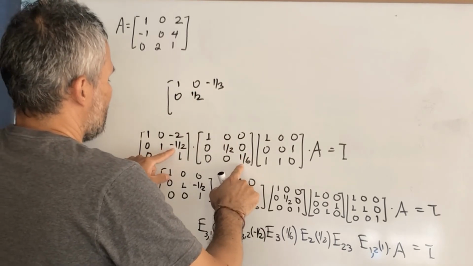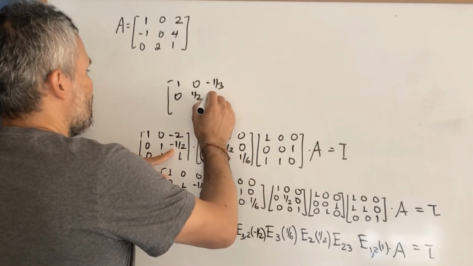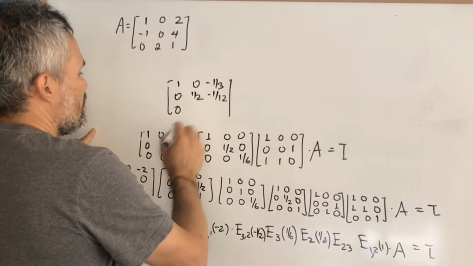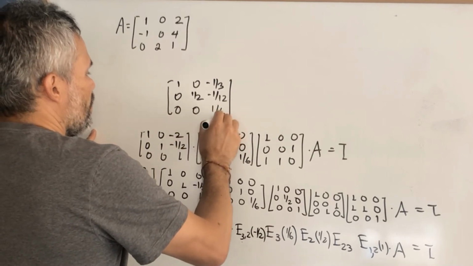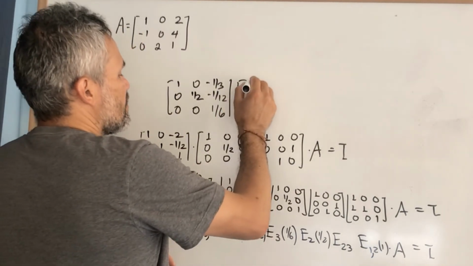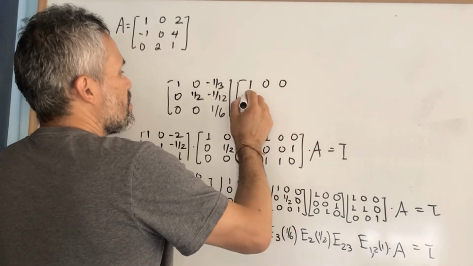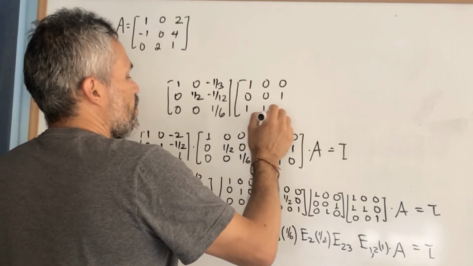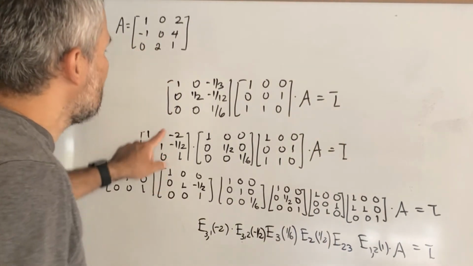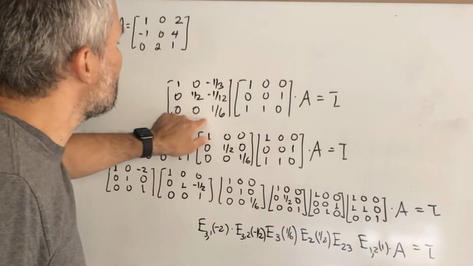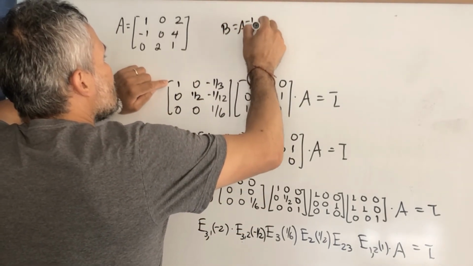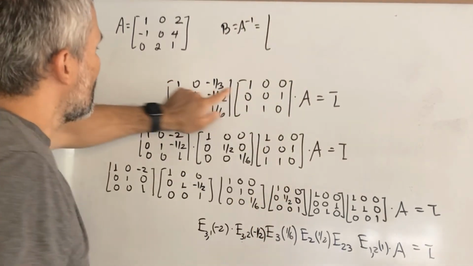And here we have -1/12. And here we have 0, 0, 1/6. And then times this matrix 1, 0, 0, 0, 0, 1, 1, 1, 0. And we know that this times A gives us the identity. That means that the product of these two will give us the inverse. Then B equal A inverse is just the product of these two.